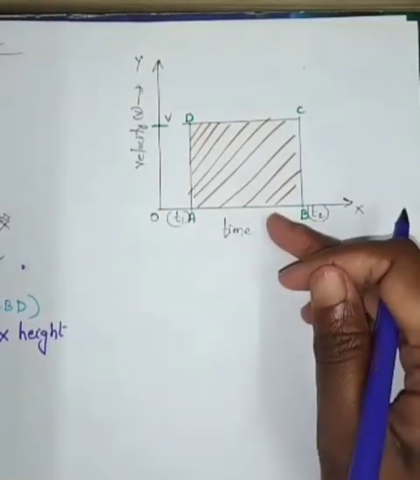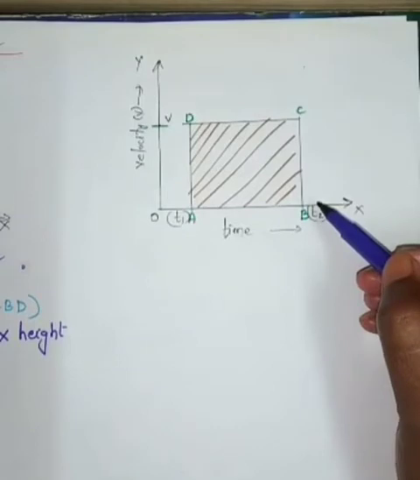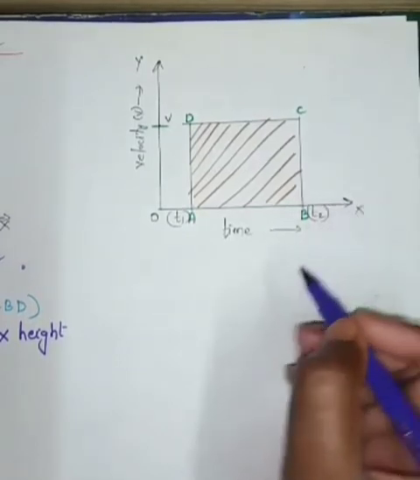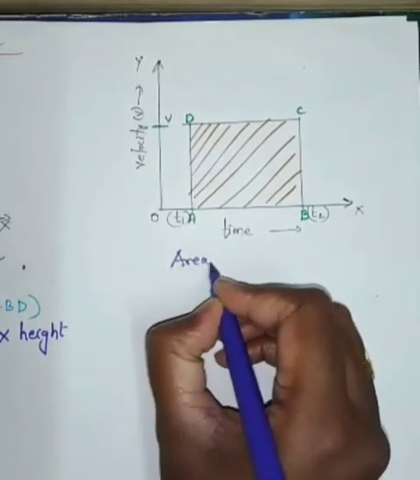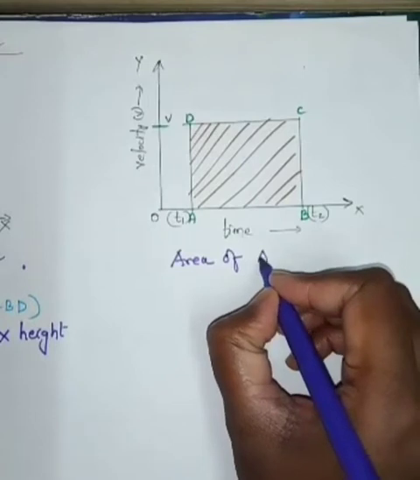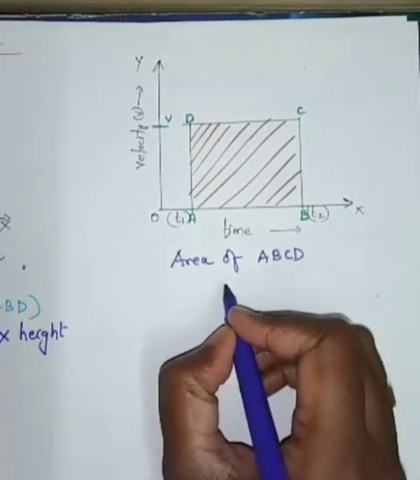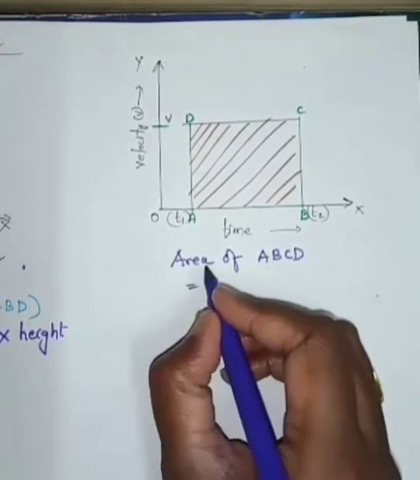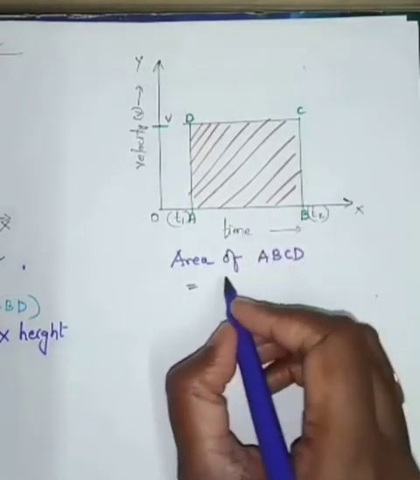And in another figure, it also describes the motion of the object. Now we will find the area of this figure. Area of this figure, ABCD, is a rectangle.